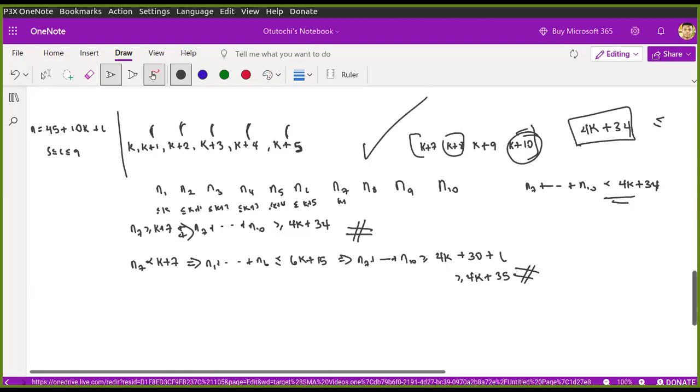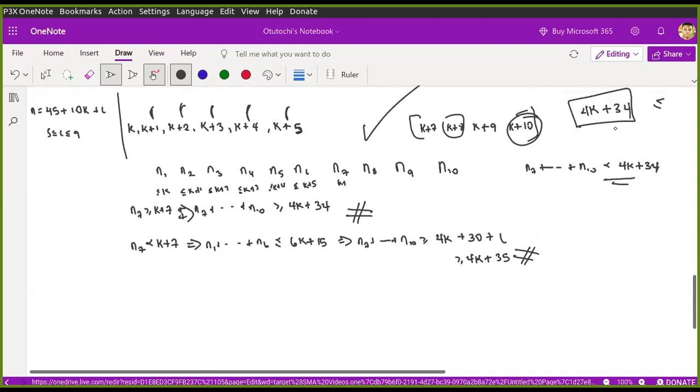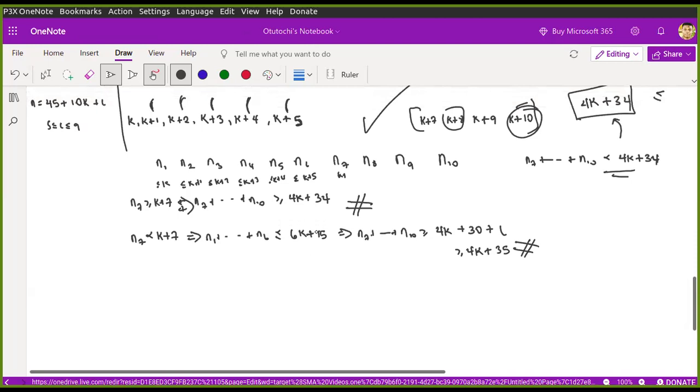So we'll just do something similar. We already have this to be the value for the biggest four numbers. We want this, so we'll check the case of when this is greater than or equal to N over 2. So we have 4K plus 34 greater than or equal to N over 2, which is 22.5 plus 5K plus L over 2, right?